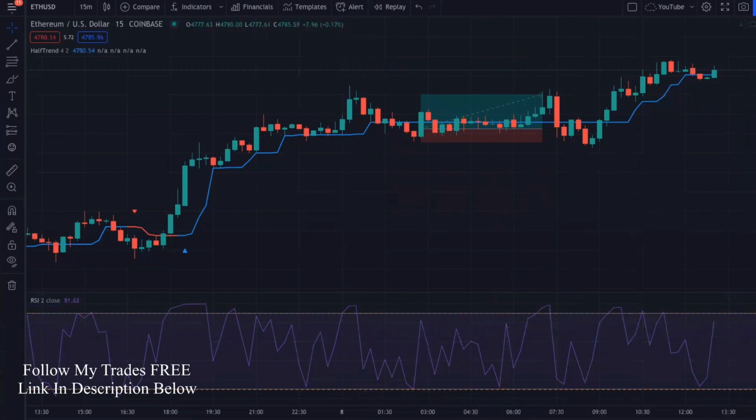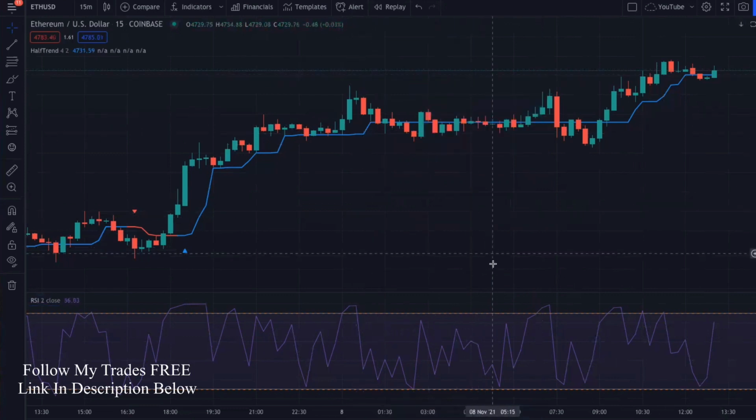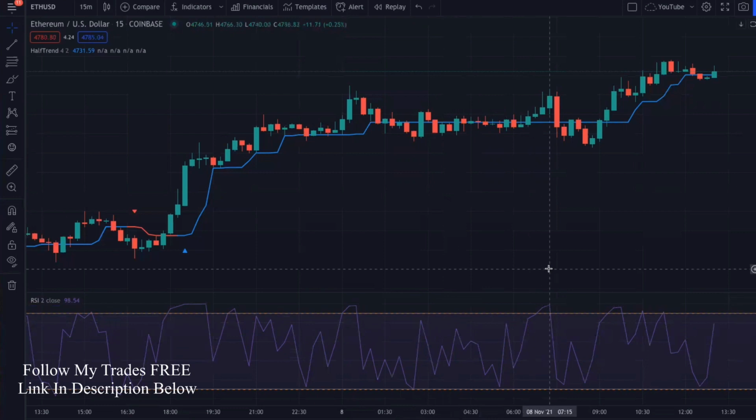All right. You can set this up for each of the different cryptos that you like to trade. And this way, once you get an alert, you can quickly see, and let me go ahead and delete this. You can quickly see if the half trend is blue or red, or which direction you want to get your trade in at.